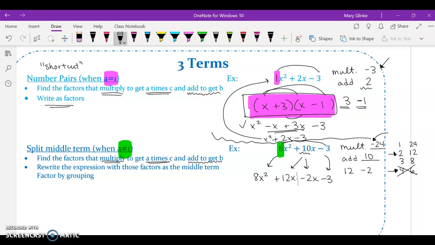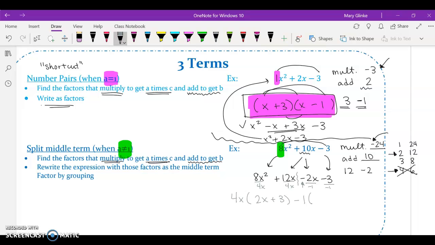So we're going to chop this in half and figure out what they have in common. Our first two have a 4x in common. So we can divide out 4x. We'd be left with 2x plus 3. The next two don't have anything in common, so we're going to factor out a 1, although my leading term is negative, so I'm going to go ahead and factor out a negative 1.